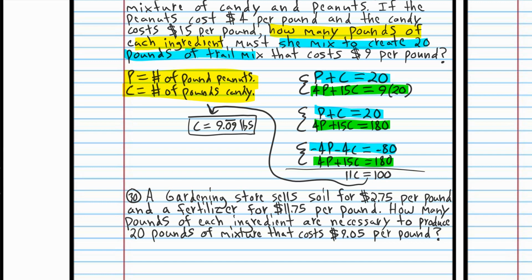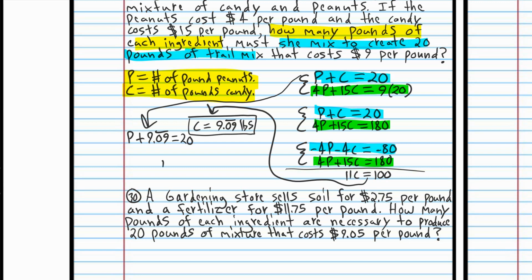And so, just to show the algebra, we'll plug in the 9.09 bar. Because it's impossible to write an infinite number of 09, so you want to try to keep that in your calculator if you can.